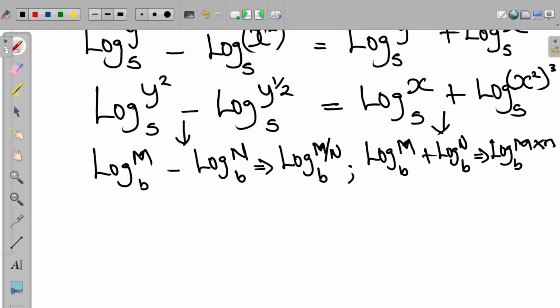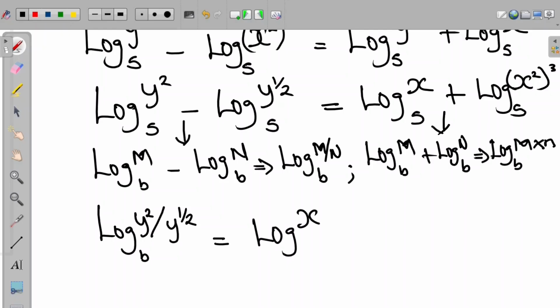So the equation now reduces to log y squared divided by y raised to the power of 1 divided by 2, in base b, equal to log x multiplied by x squared all raised to the power of 3.